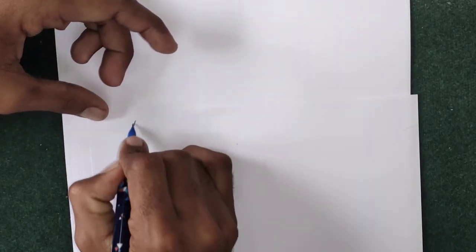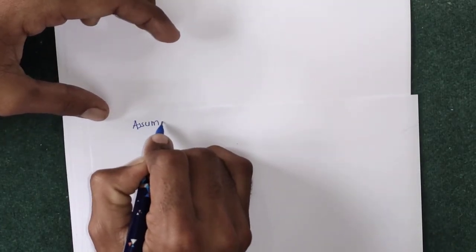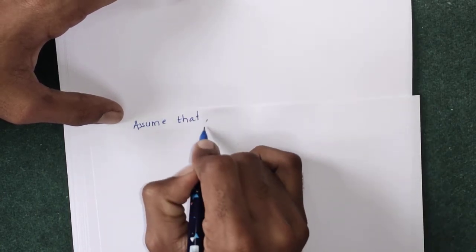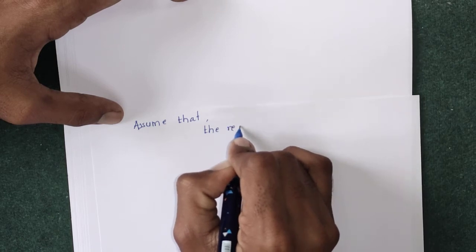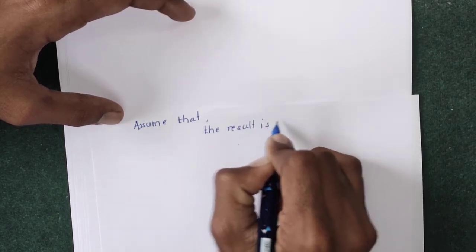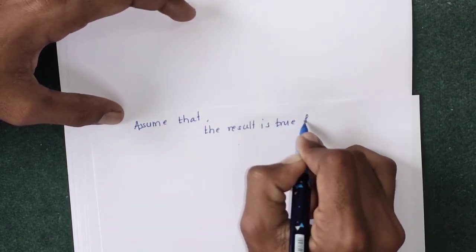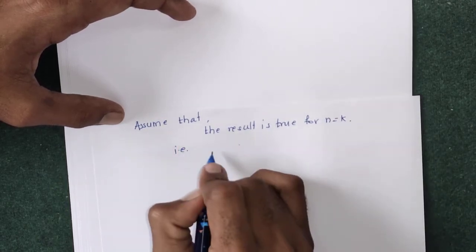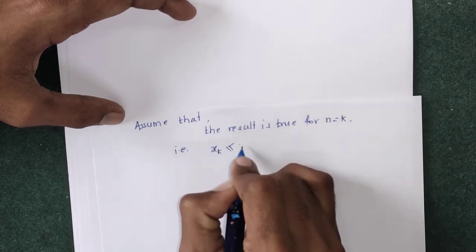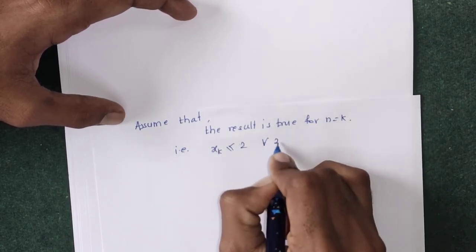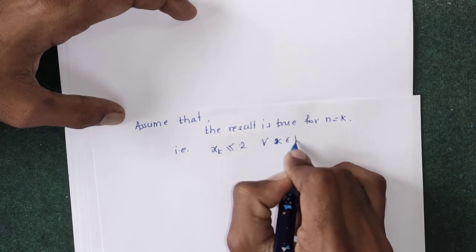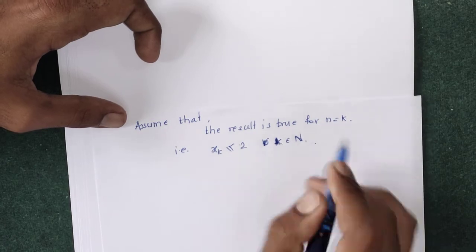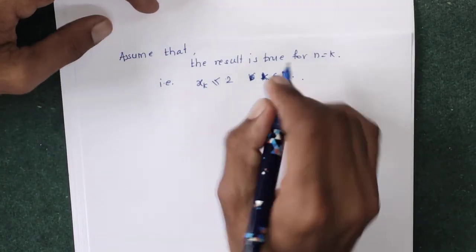Now assume that the result is true for n equals k, that is xk is less than or equal to 2 for some k belongs to the natural numbers.